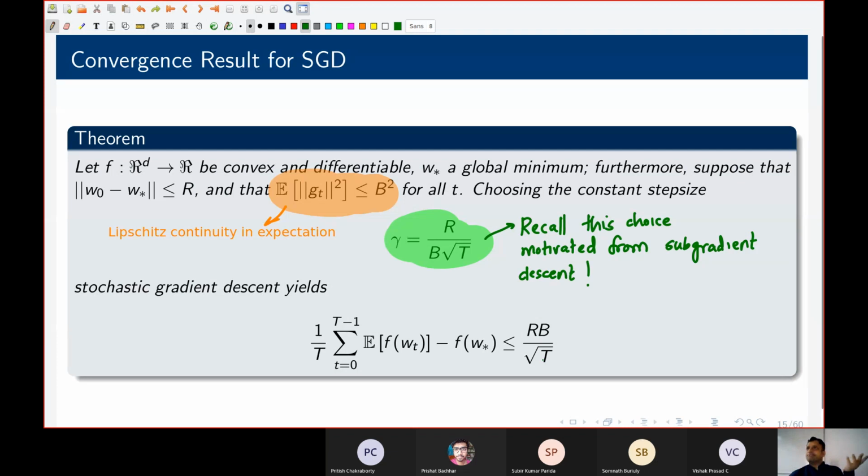Again, it looks familiar. In which case did we have this? Lipschitz continuity. We had this all through. So things have not changed completely.